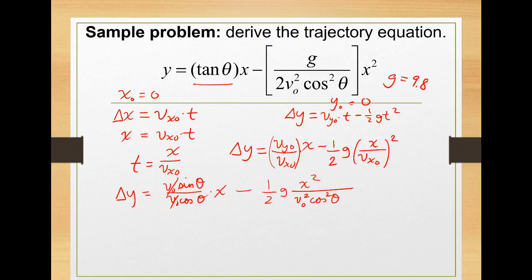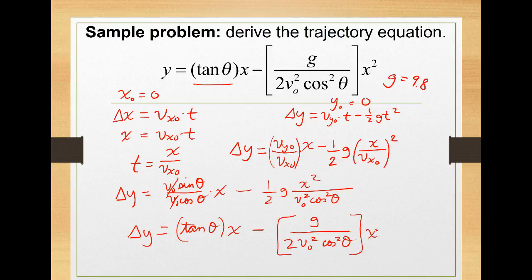Okay, so if I just kind of rearrange these terms, we have delta y is equal to tangent theta times x minus g over 2 v naught squared cosine squared theta, and that's all times x squared. So that's how we show the physical path of a projectile.